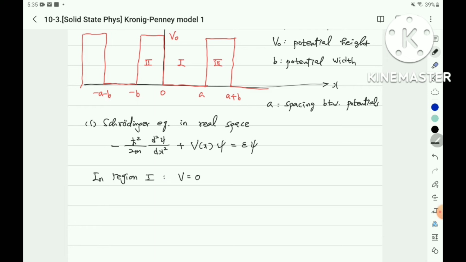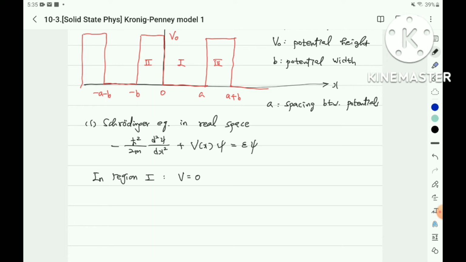And we know the solution of this wave function. The detailed calculation of this potential well and potential height can be studied in quantum mechanics. I assume that you already know the result of quantum mechanics.